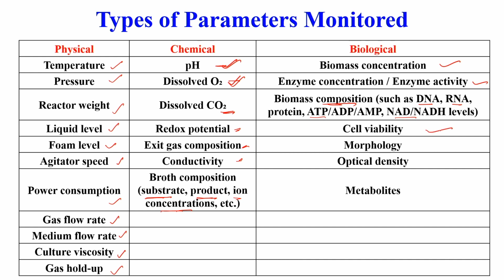One can monitor the cell viability, how many live and dead cells are there, what is the morphology of the cells, whether there is change in the cell morphology during the course of fermentation. Optical density, this is another method to monitor the cell concentration.